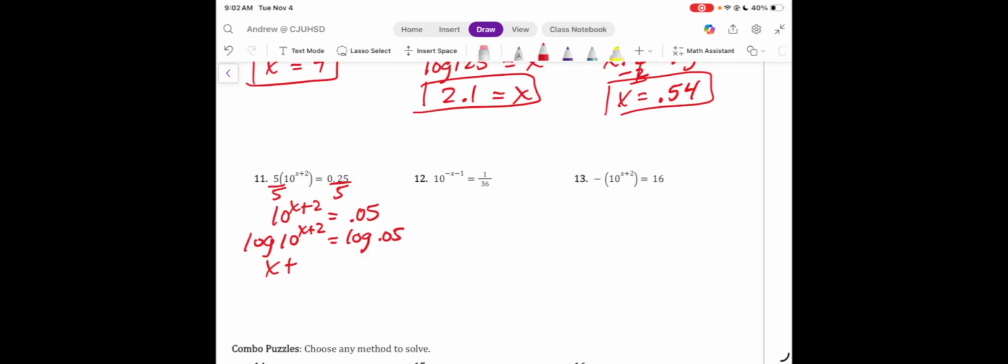So x plus 2, log of 0.05, we'll subtract 2. And again, remember to get the answer to the log first, and then subtract 2.